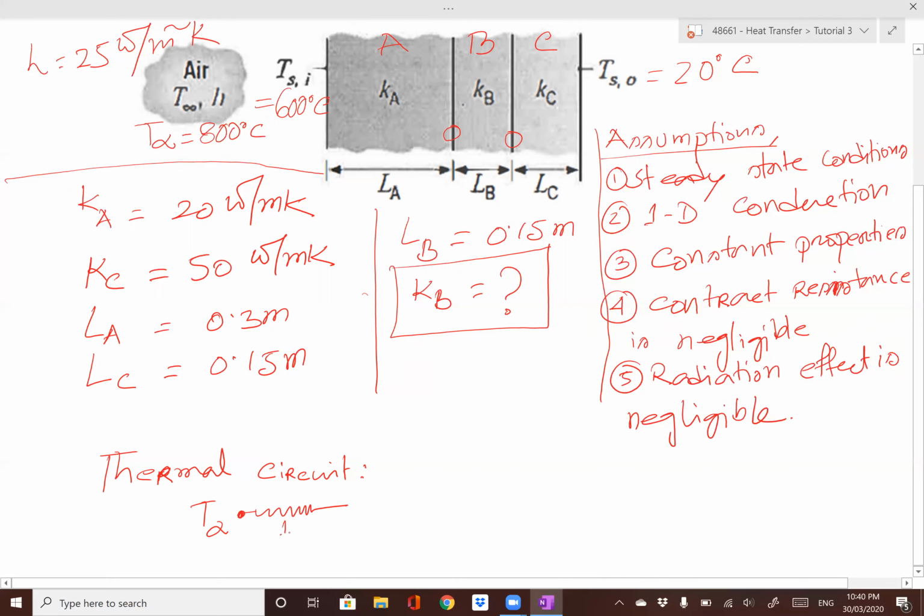So the convection thermal resistance will be 1 over convection coefficient and area.